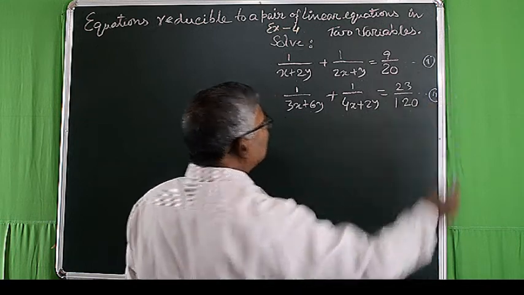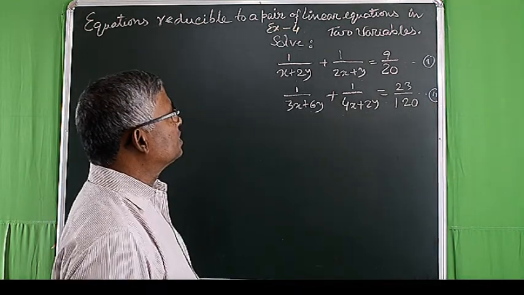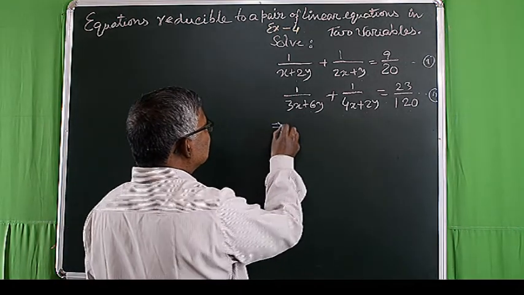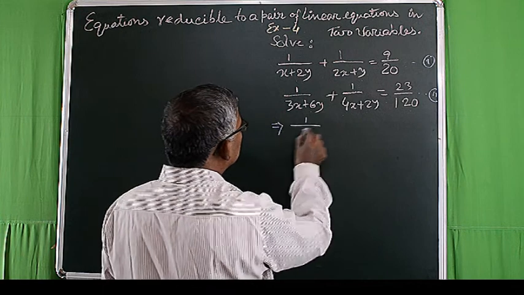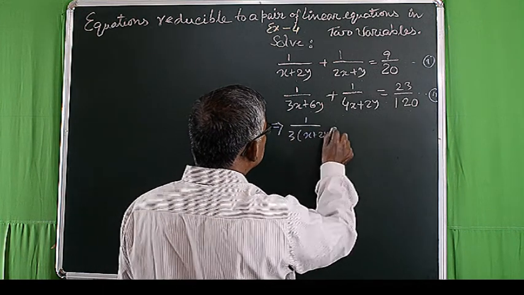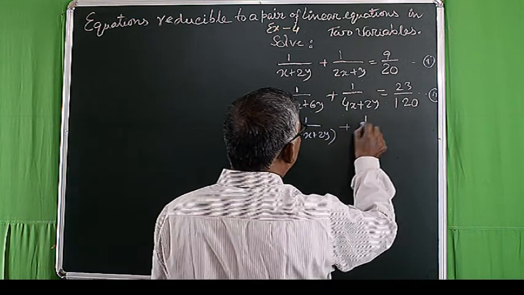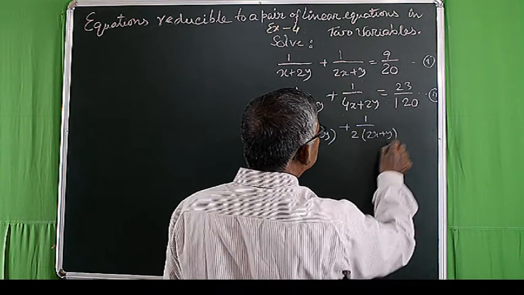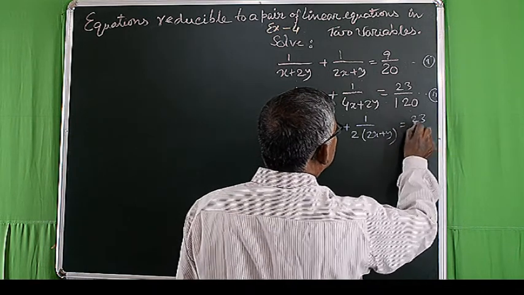Suppose it is equation number 2. Students, the equation number 2 can be written as 1 by 3 into x plus 2y plus 1 by 2 into 2x plus y equal to 23 by 120.